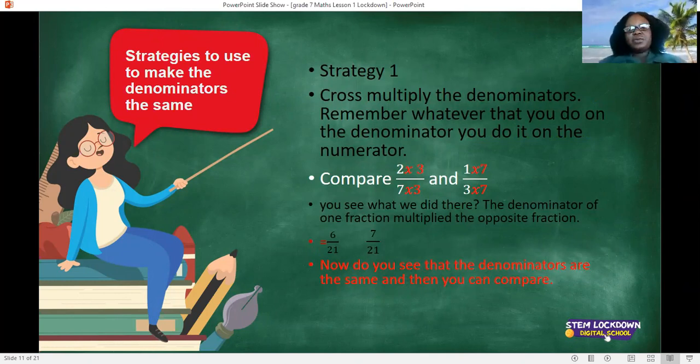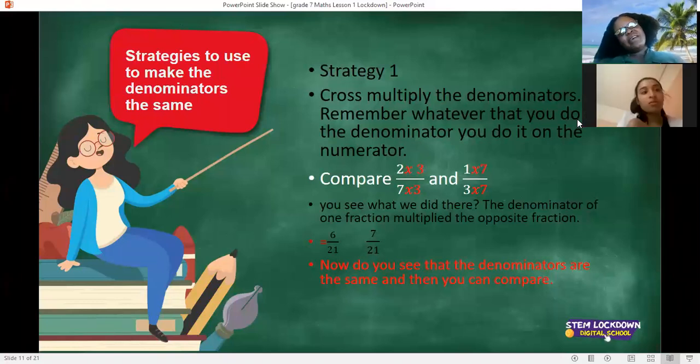So strategy 1, this one I like the best. Okay, I like all of them the best. Strategy 1 is whereby you cross multiply the denominators. Remember, whatever you do on the denominator, you have to do on the numerator.